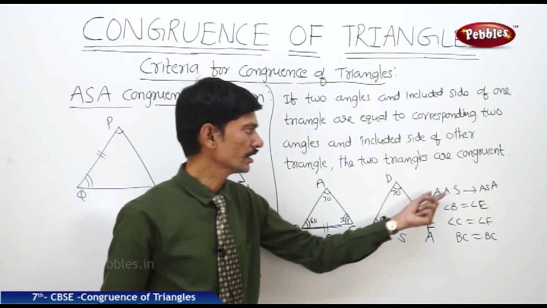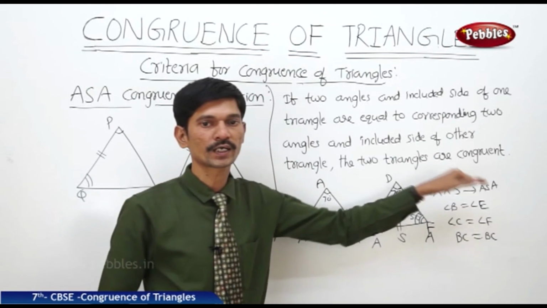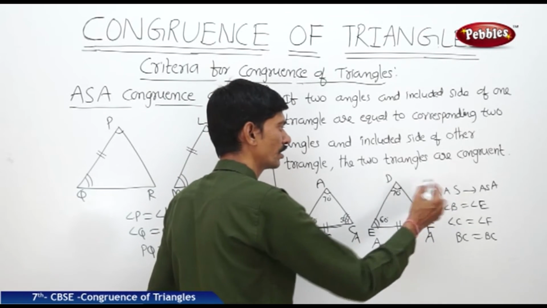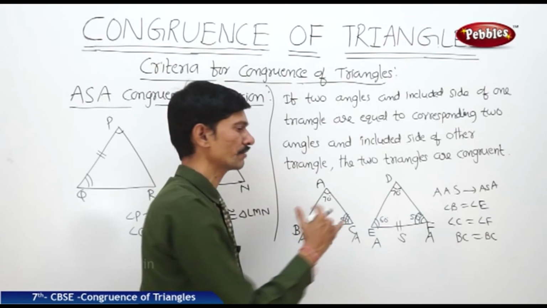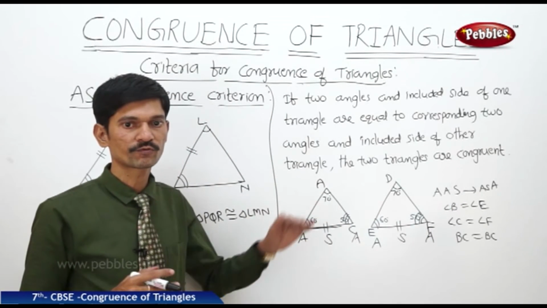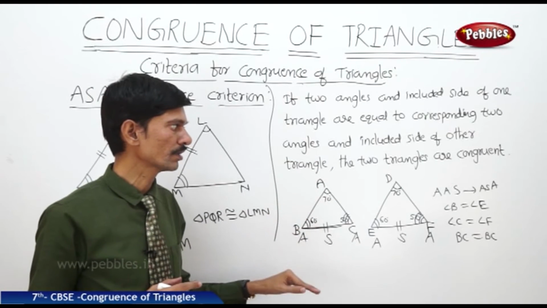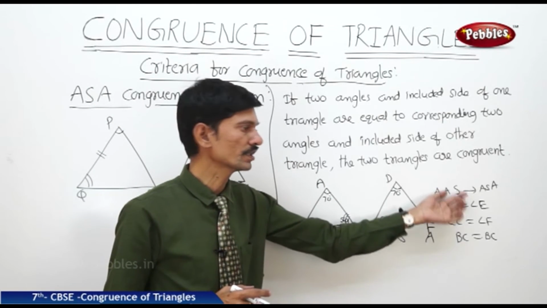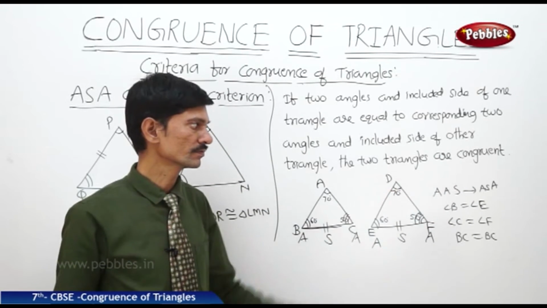Now AAS or ASA congruence criterion both are the same. So when the included sides are not equal but two pairs of corresponding angles are equal, we can change the AAS congruence into the ASA congruence criterion.